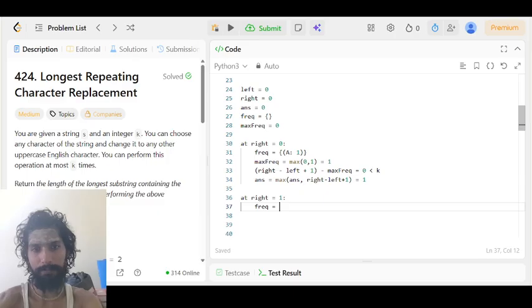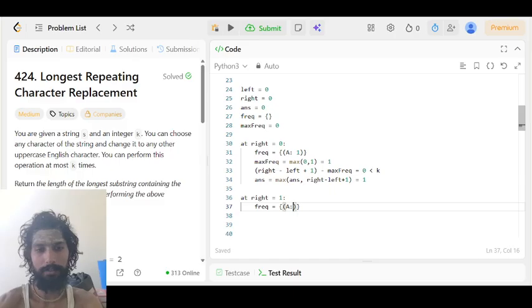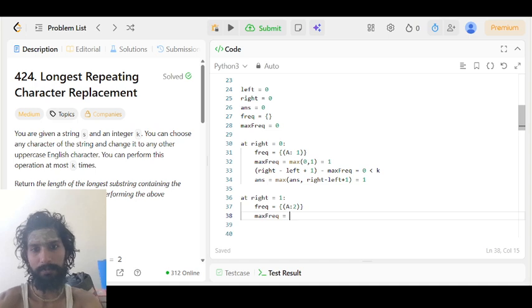My freq will become A 2, and max freq will become max of max freq, that is 1 comma 2. It becomes 2.